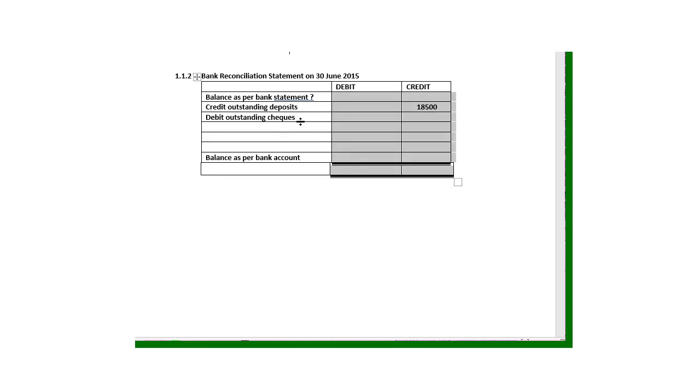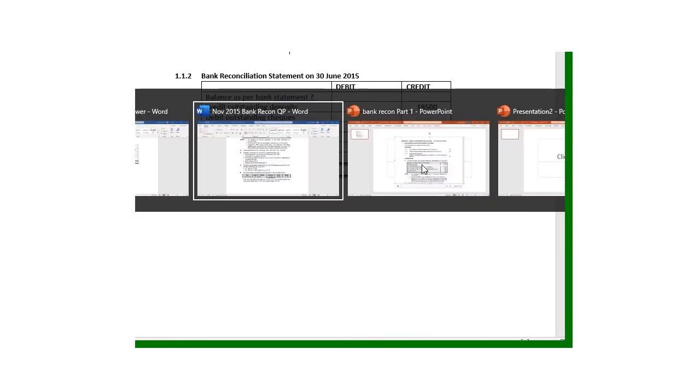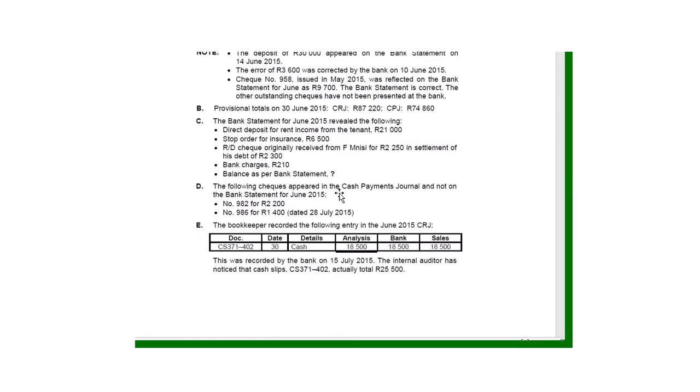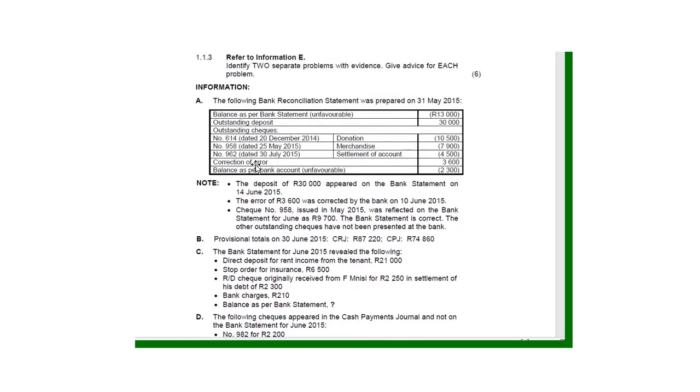Good. Next one we're looking for is outstanding checks or checks not yet presented. Firstly, go back to the previous recon. Remember we had that one, it was check 962 for 4,500 that we did not fix or cancel, or it did not appear on the next statement.